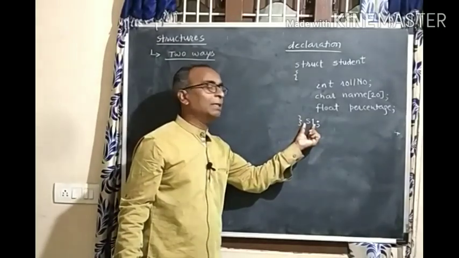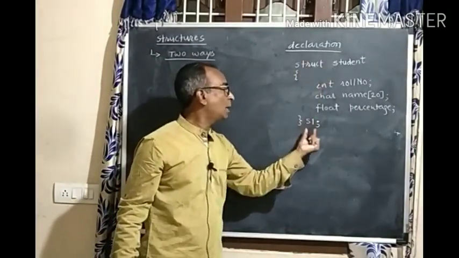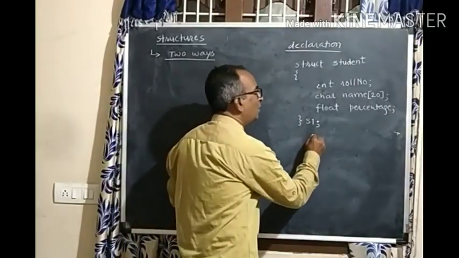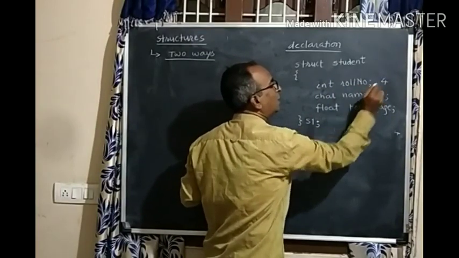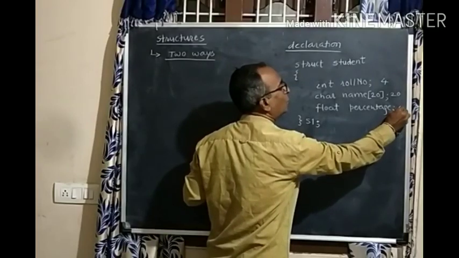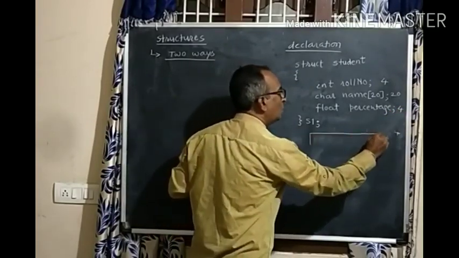Now this is definition. One variable of this type you have created. So what will happen? One memory chunk. See, roll number will be given 4 bytes. Name will be given 20 bytes. Float will be given 4 bytes. This 28 bytes will be given to s1.